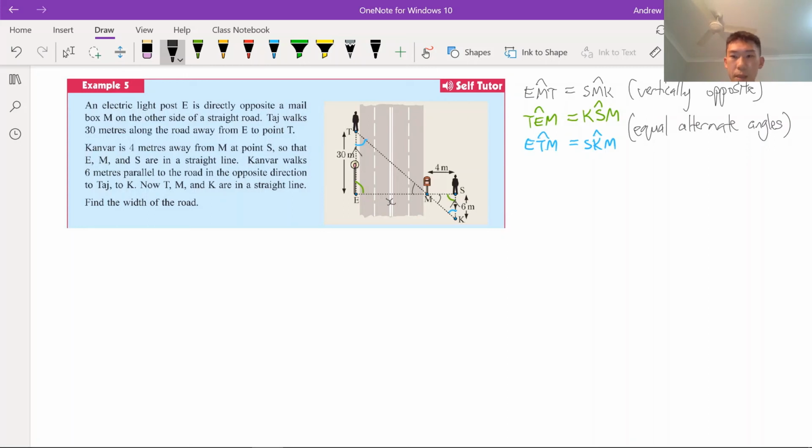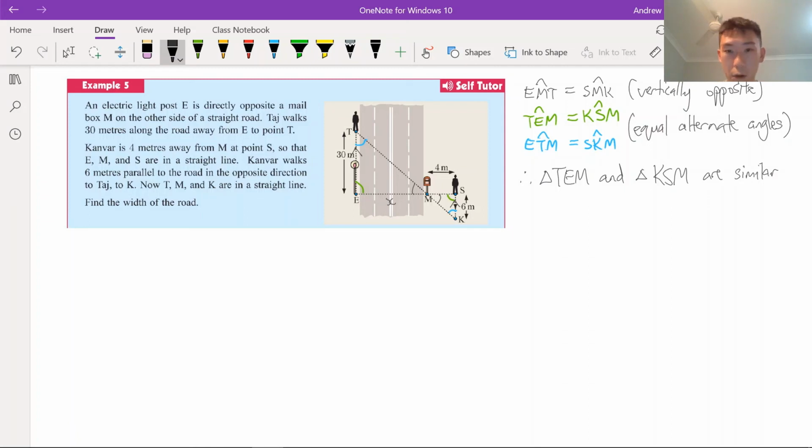Alright. Now, we've established that these two triangles, hence, therefore we should probably just say that triangle TEM and triangle, trying to get the order right, KSM are similar, which means all the corresponding sides of both triangles are in the same proportion.